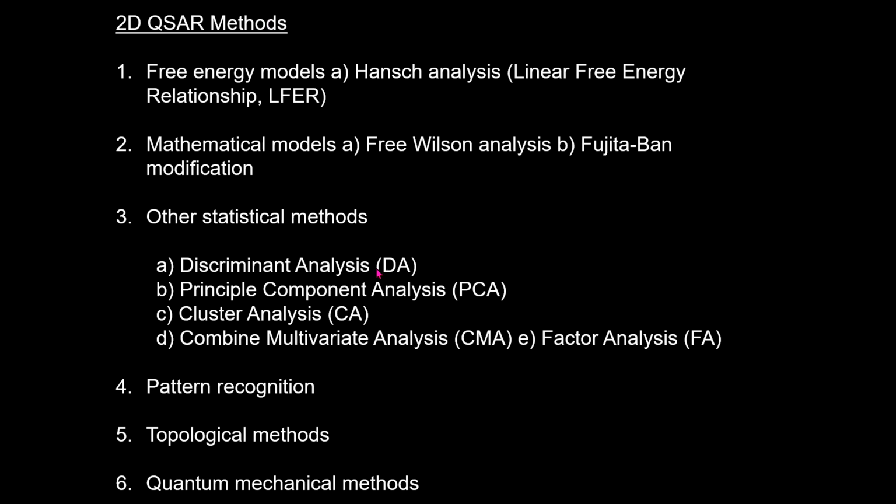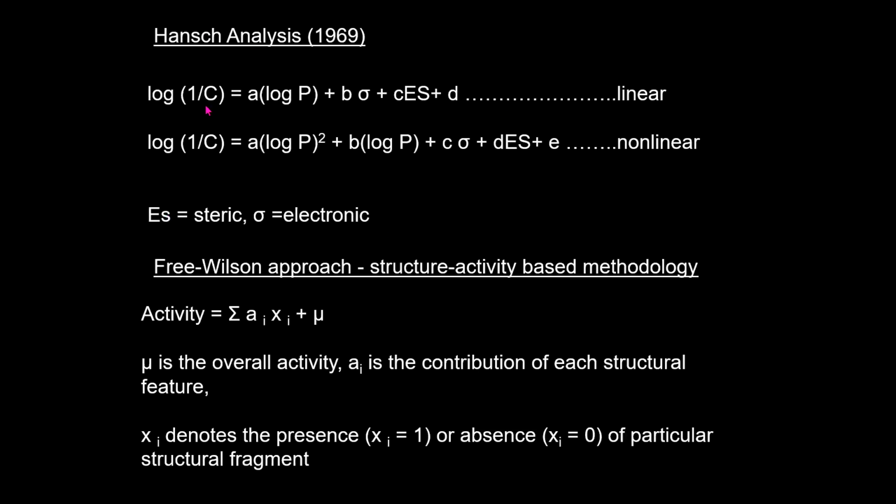So in the Hansch analysis, what Hansch did was they said activity, that is y, is equal to a into log p, that is one independent variable, plus b into some electrostatic factor, that is another descriptor, another independent variable, and c into steric effect. Okay, that's another descriptor, plus d. So you can have models like that.